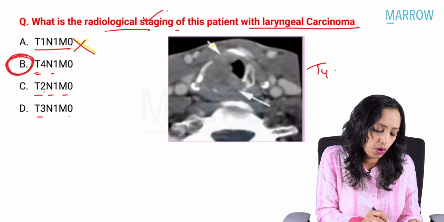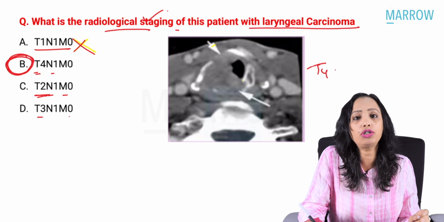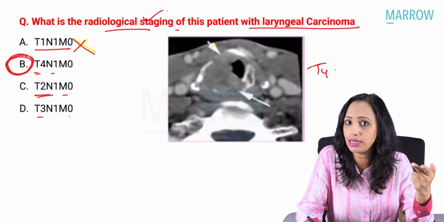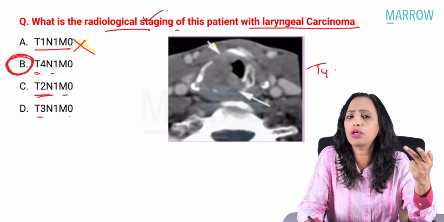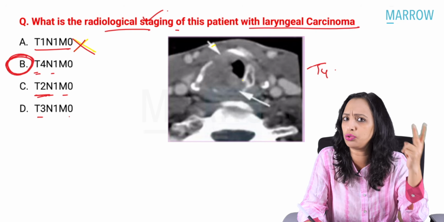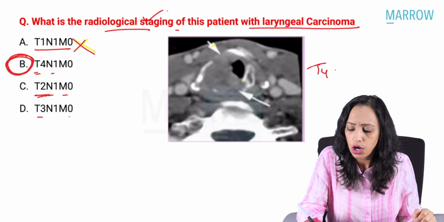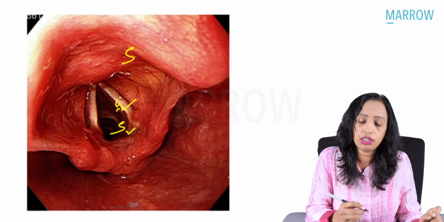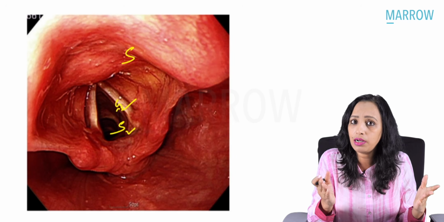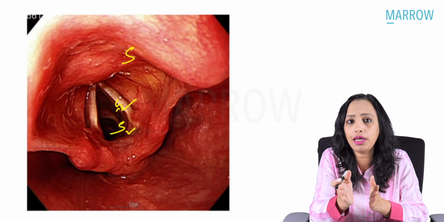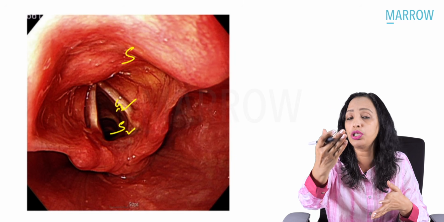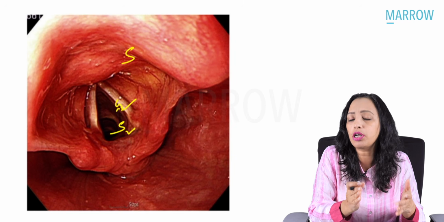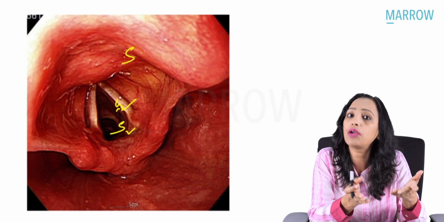Now, what is T2? T2 means that the tumor has gone to the adjacent area. 2 means it is not involving only one, it is more than one. You can remember it as 2: T2 means 2 areas involved. Which areas? It has to be adjacent. It will not jump from the subglottis to the supraglottis. From the subglottis it will go to the adjacent area only, that is the glottis.